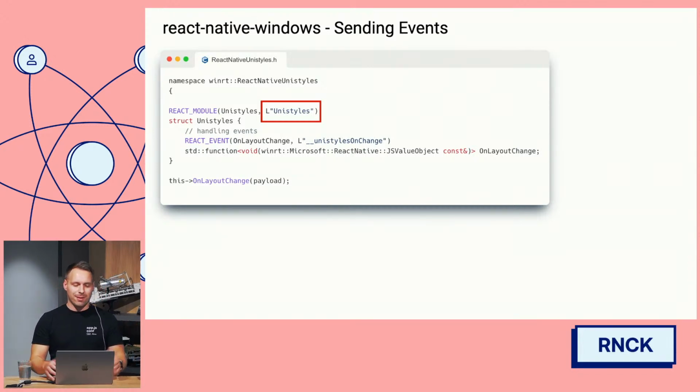But here you can be more specific and mention Unistyles. Now, you need to declare your function with an additional macro, React event. The first argument is the name of the function, and the second argument is the event that will be called in the JavaScript. And right now, you can call it however you want, from whatever you want in the C++.